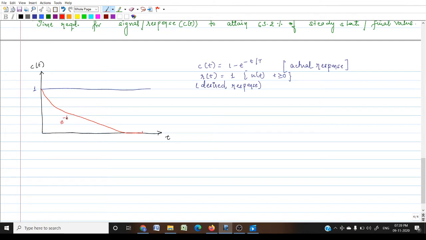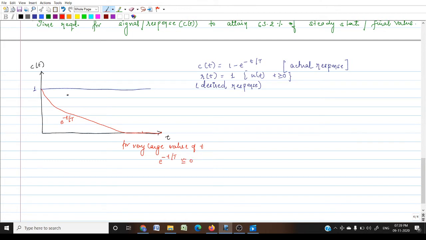So approximately, at a very large value of t, this e to the power minus t by tau will be approximately equal to 0.